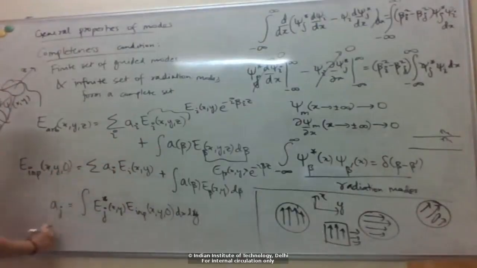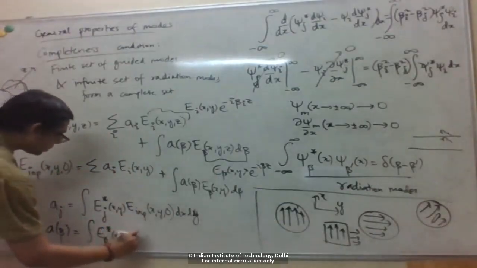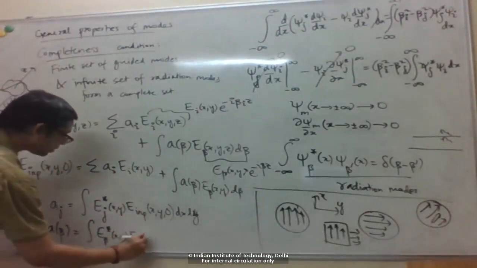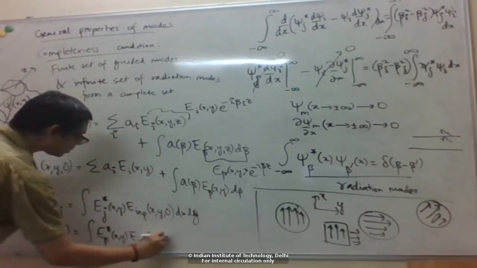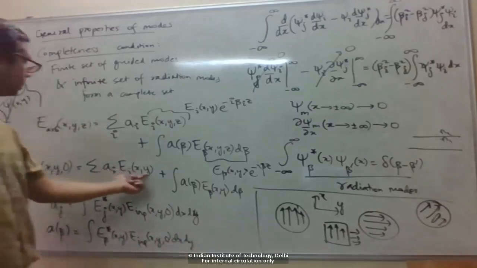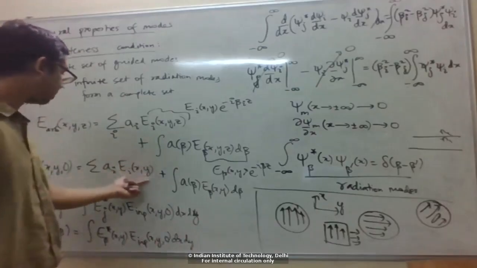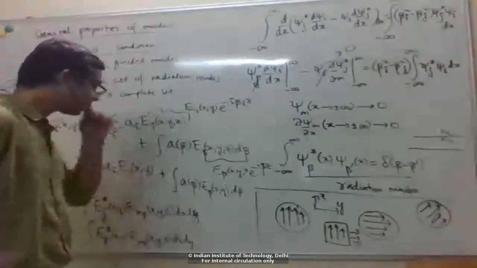Similarly, for these coefficients of the radiation modes, you multiply by the corresponding radiation mode profile, and remember these are just solutions to my wave equation, so I know for a given waveguide structure what these profiles are, right?